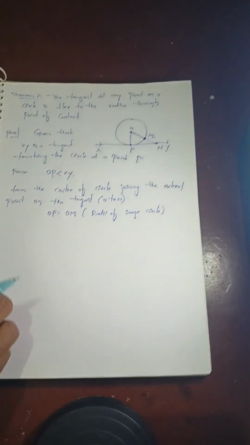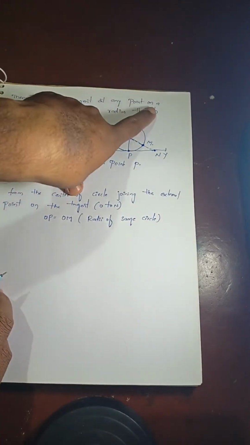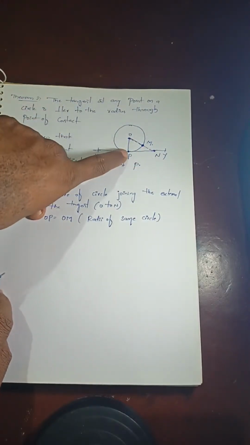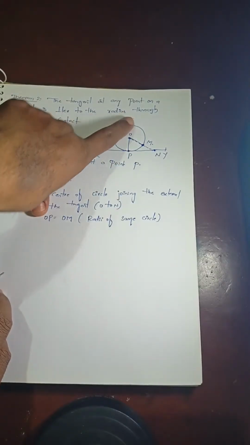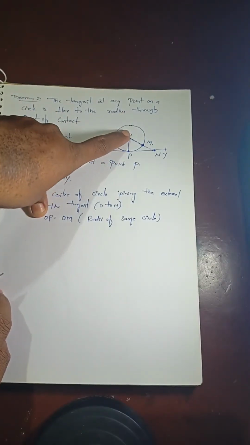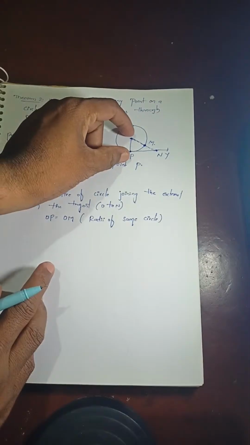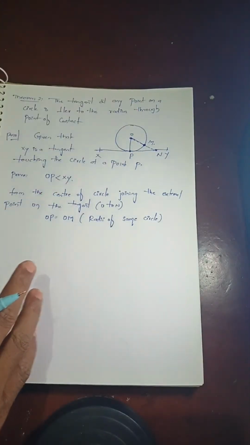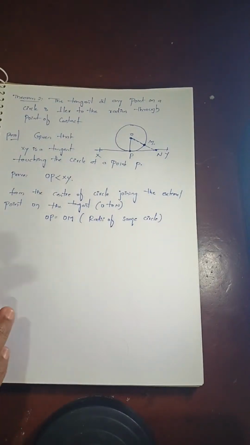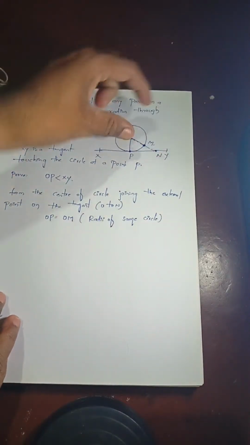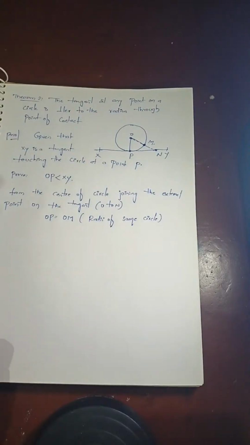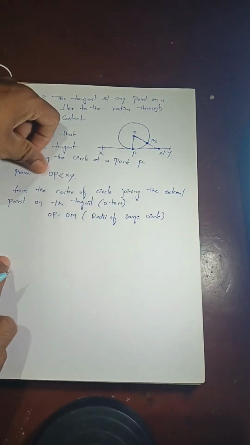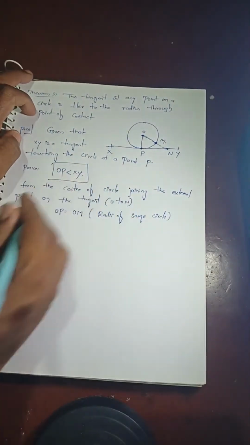See, very simple. Wherever we take a tangent on the circle, we have to show that the tangent is bigger than the radius of the circle. That's it, a simple method. For that we are taking XY as a tangent touching the circle at point P. What we have to prove is that OP is less than XY.